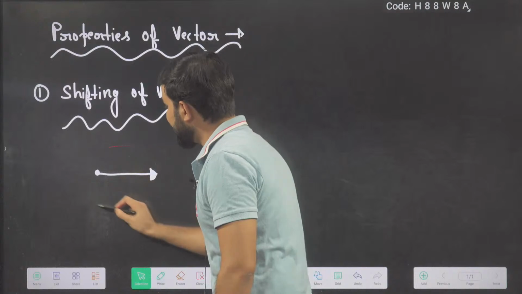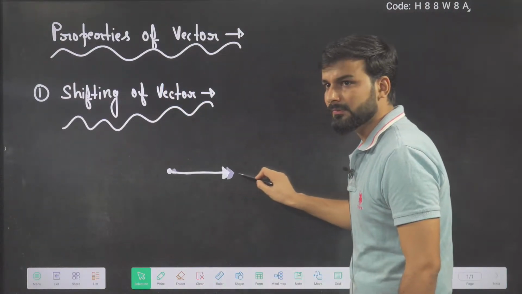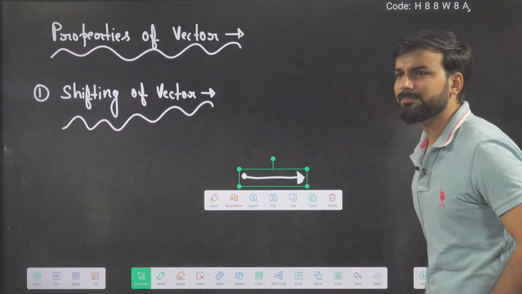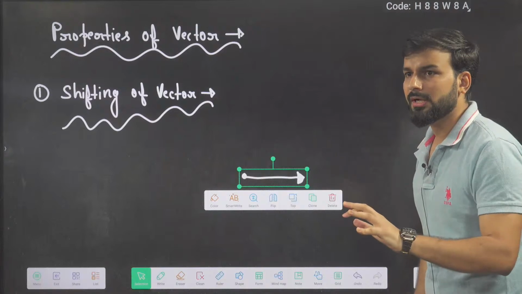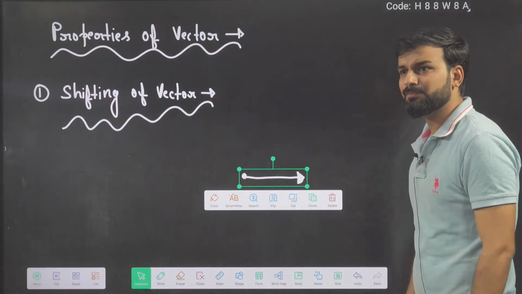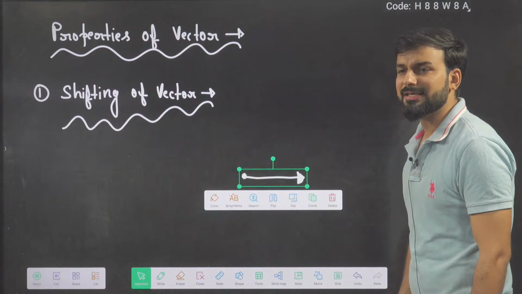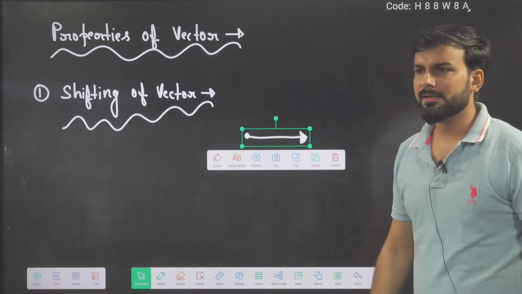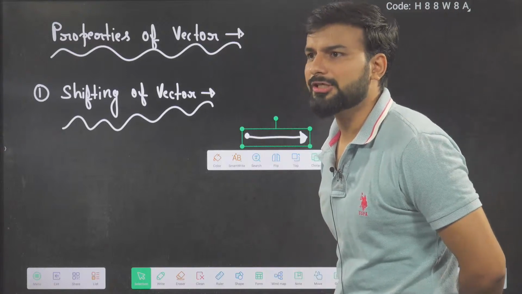If I shift this vector from here to here, did I change the magnitude? No. Did I change the direction? No. Still not changed.